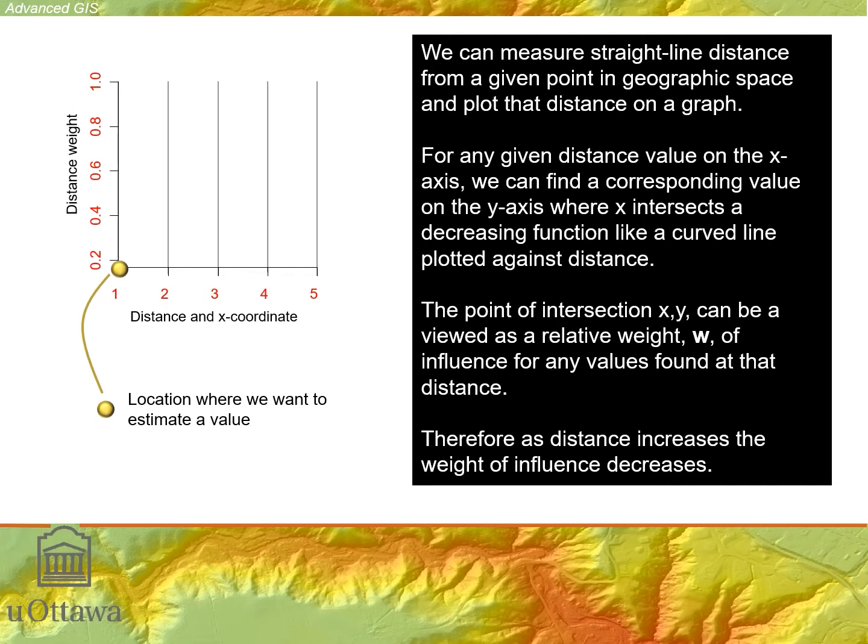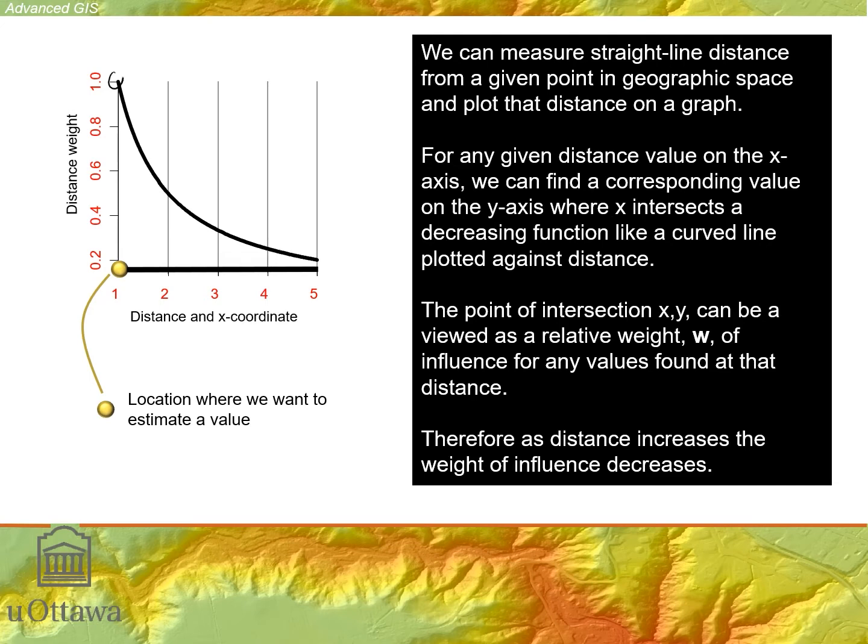And we want to figure out, okay, what is a value there based on values that are surrounding this location in space, where the location in space is the distance on the x-coordinate. So we can say, between 1 all the way to 5, this is how the distance affects the decay of influence of other values from that location.